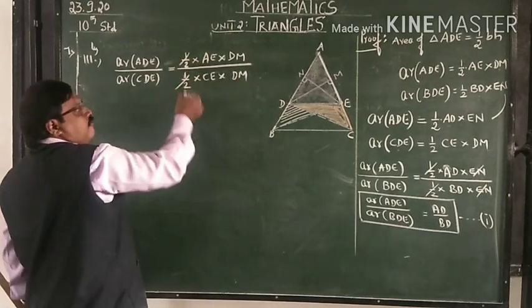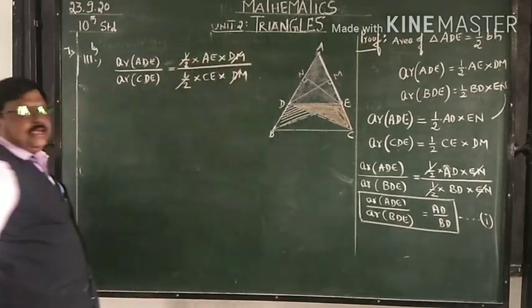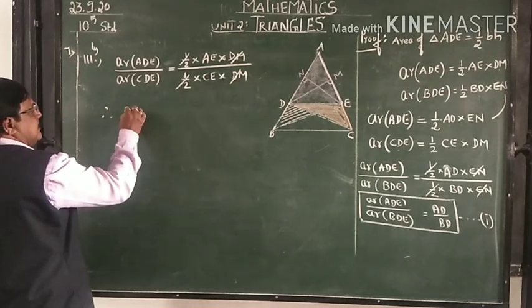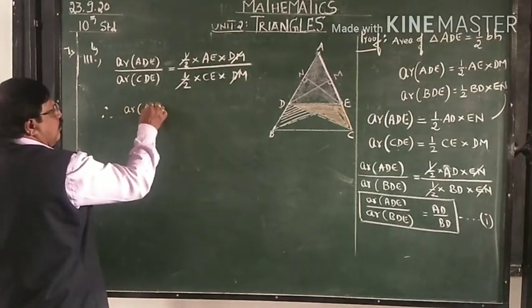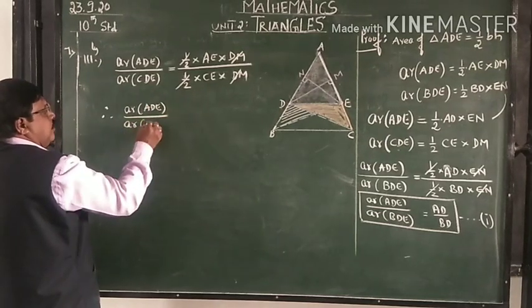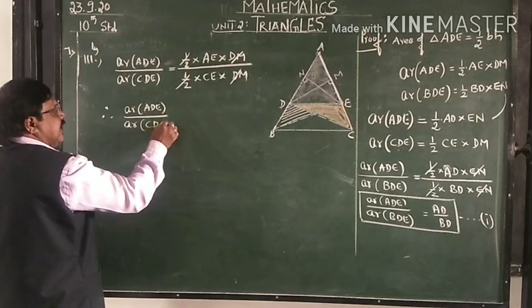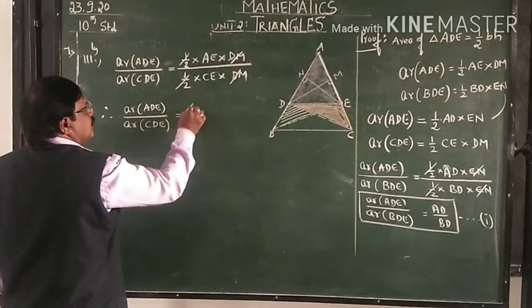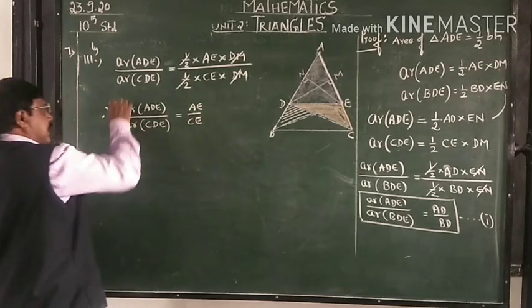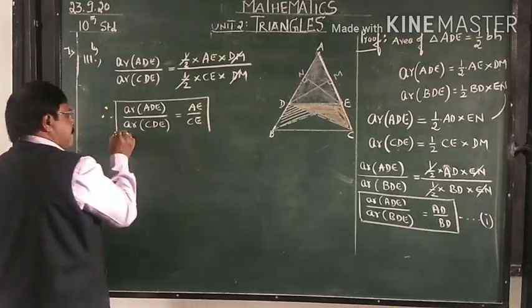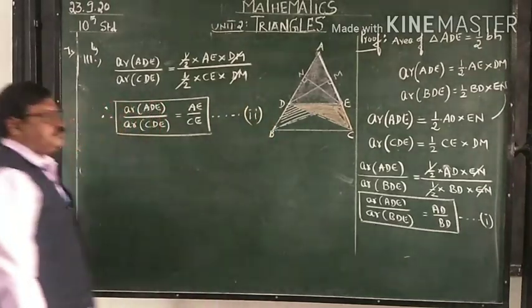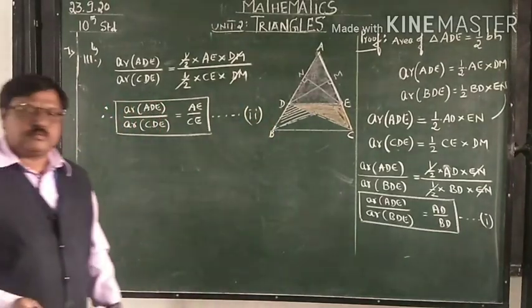So half and DM get cancelled. Therefore I can write area of ADE by area of CDE is nothing but AE by CE. Take it as the second equation.